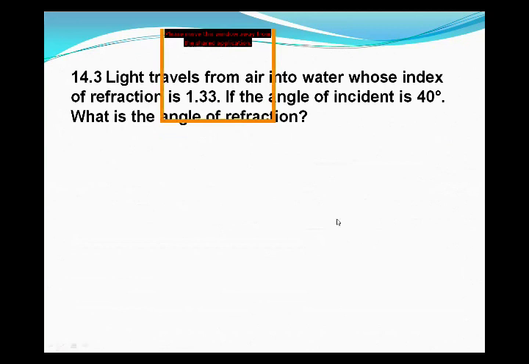In the question, it is saying that light travels from air into water whose index of refraction is 1.33. If the angle of incidence is 40 degrees, what is the angle of refraction?